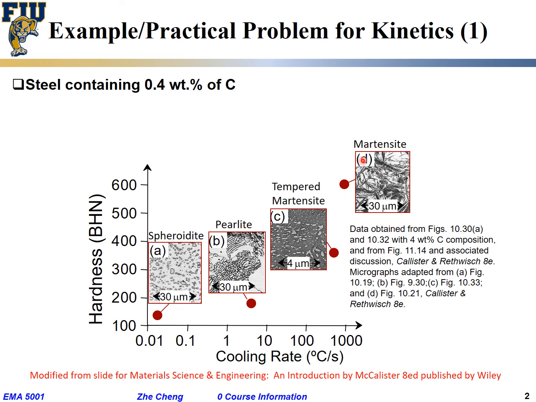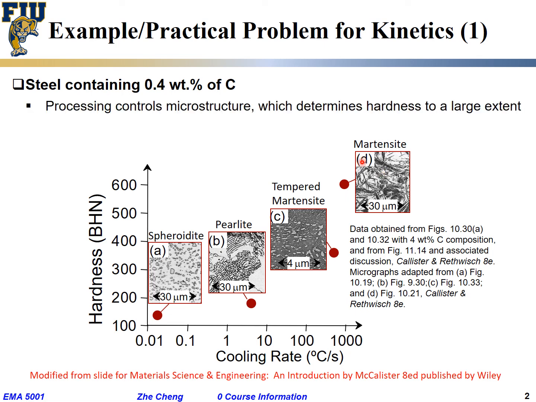So, what people observed empirically is that by changing material cooling rate, which is processing condition, we can change microstructure. The changing of cooling rate, which is processing, right? Process. How do we process the material?